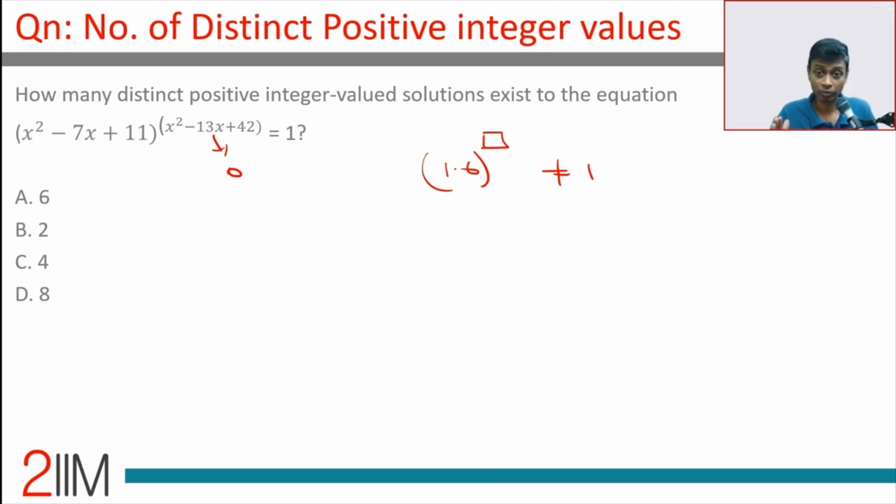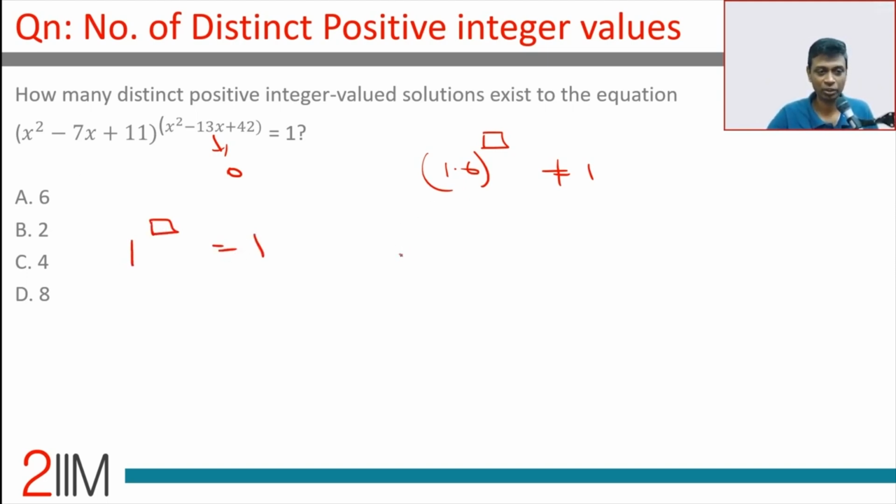Negative number will keep going less than 1. It can be equal to 1 only if the power were 0, or the only time a non-zero power can give us 1 is if the base is 1, since 1 power something is 1.